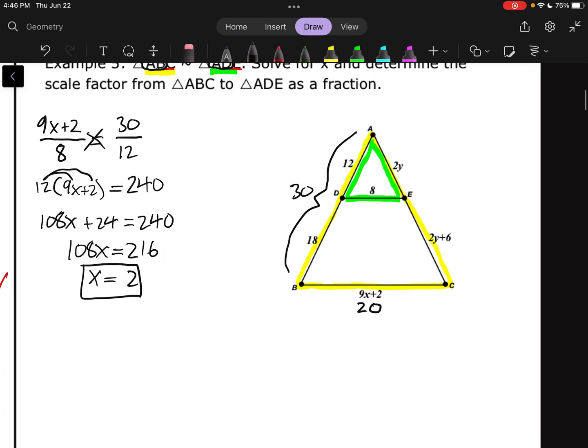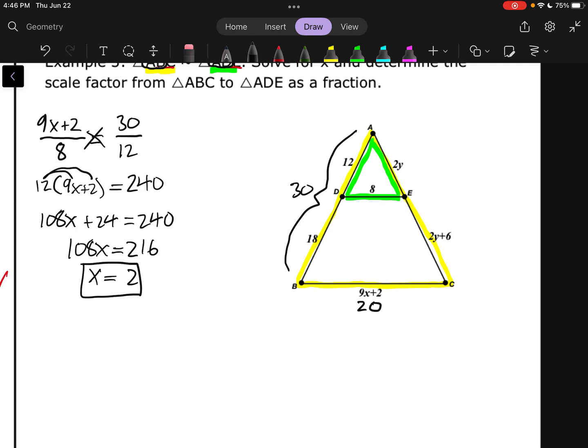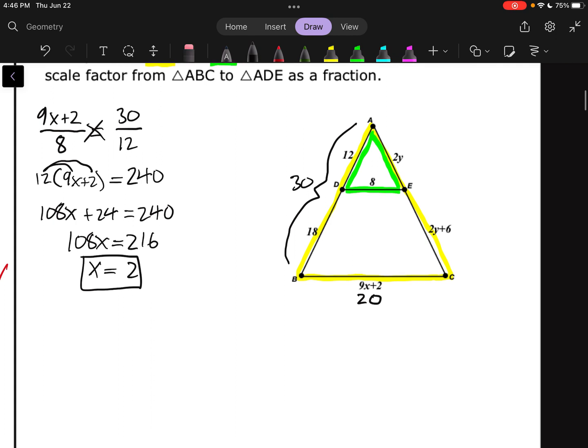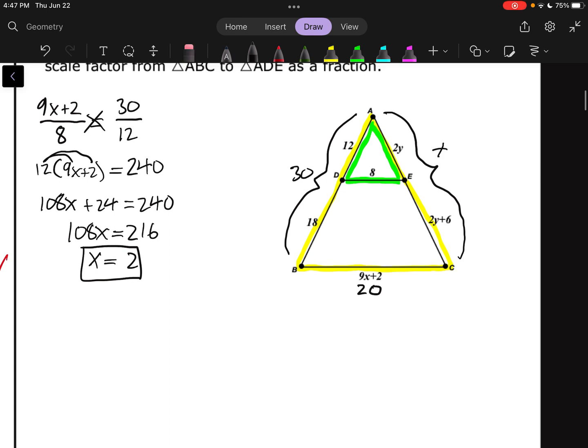Let's set up another one and solve for y here. Now, for y, okay, this is going to be tricky as well. So let's do, what's the best way of doing this? So the whole side here for the right side, because if we keep that same strategy as doing right side over right side equals left side over left side, this whole thing, 2y plus 2y plus 6, that is 4y plus 6.